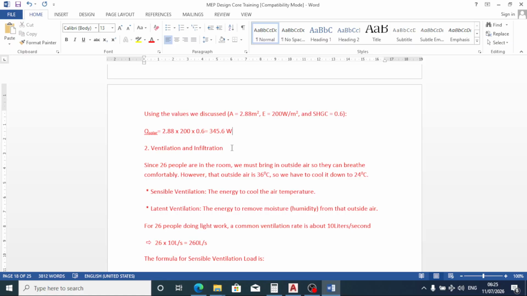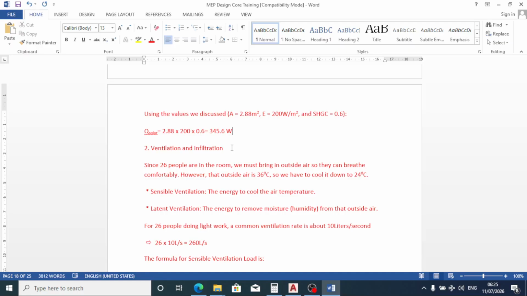Like I told you, air conditioning systems do not bring in fresh air, they only cool the air. So the air conditioning system cannot remove that smoke. You have to vent it out through opening windows, using extractor fans or opening the doors, whichever way. So that is ventilation.